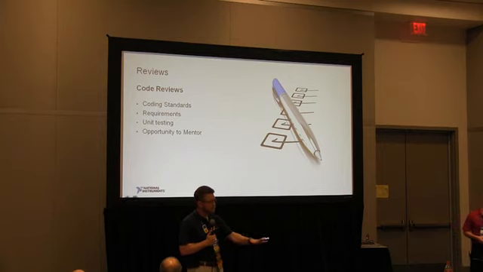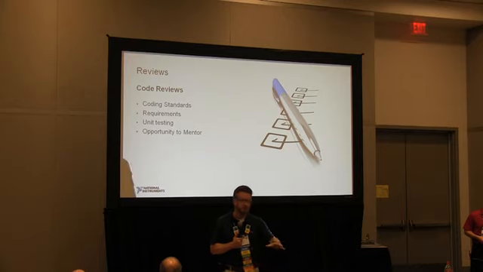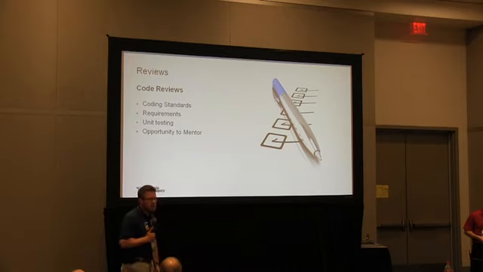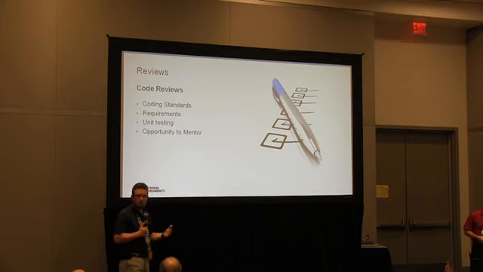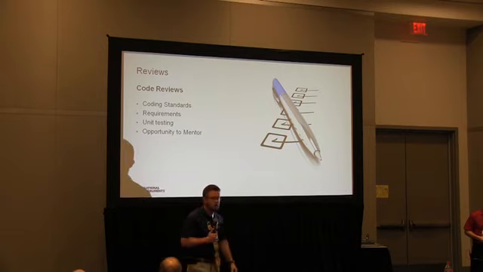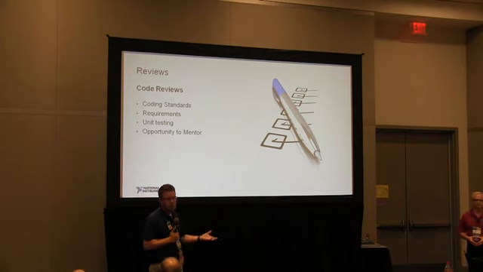Explain to me how you came about this method or this algorithm that you're doing. And if they can't explain what they were thinking, then maybe you need to walk them through it. Because maybe you can look at it and go, I don't think that does what you think it does. But again, we're not there to break them down. We're there to build them up and make everybody better developers.